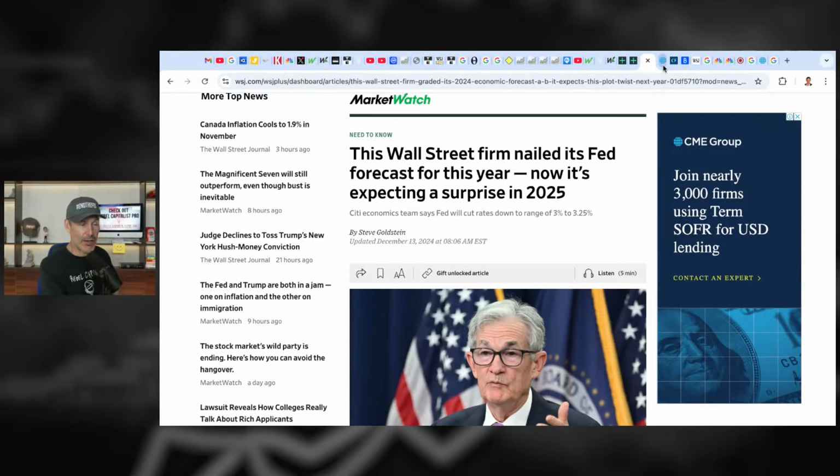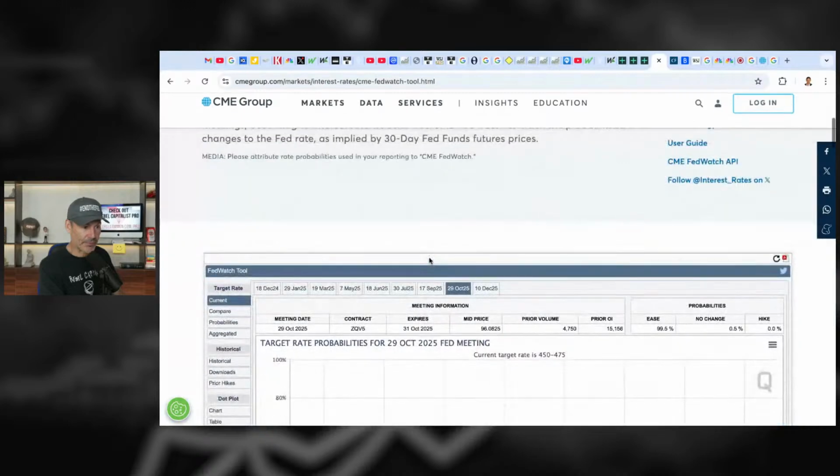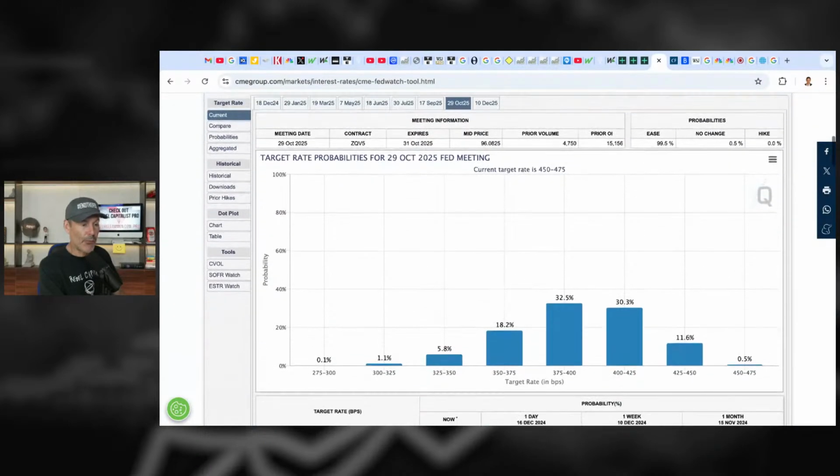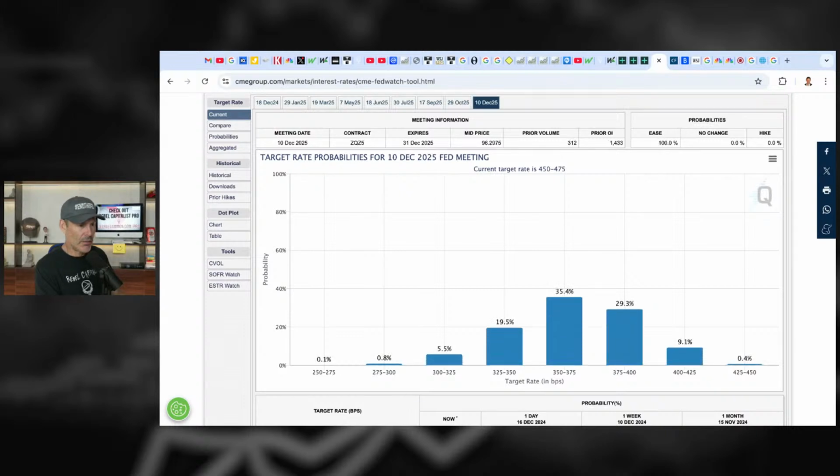We're going to go over to CME Group, FedWatch. And let's go out to December 2025. And there we go. So December 2025, the market right now, and I believe this is off SOFR futures.